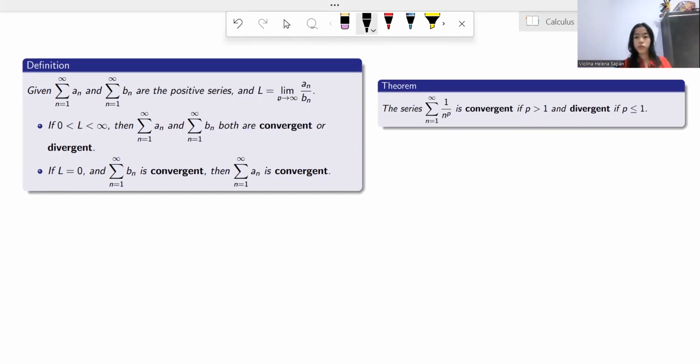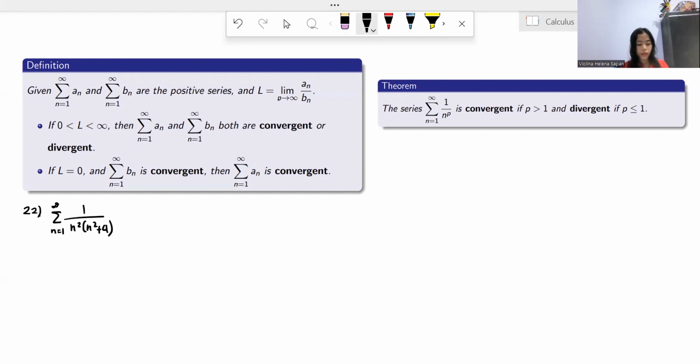Okay, next I'm going to explain about the limit comparison test. Okay, this is the theorem. And on the right side, again, I put the p-series test theorem because it will also be useful for our calculation later. So we're gonna determine if the series is convergent or divergent.